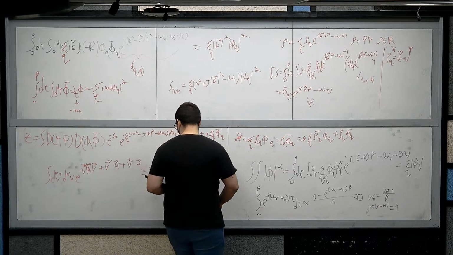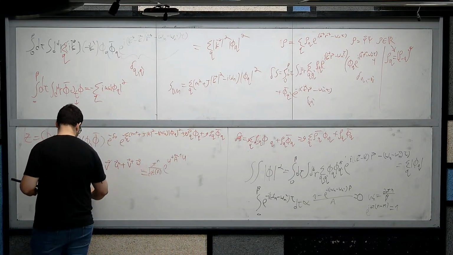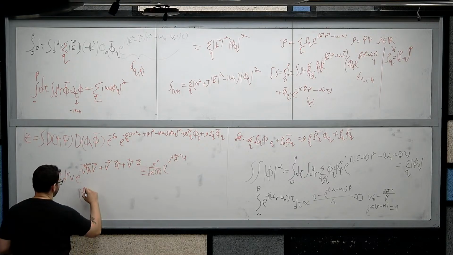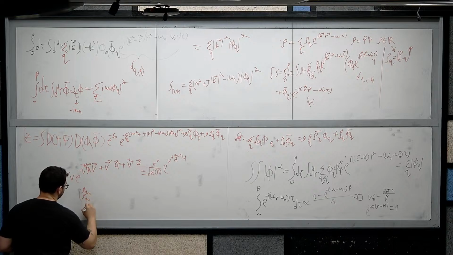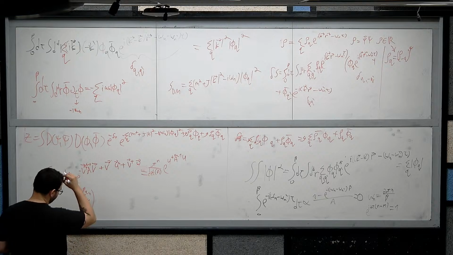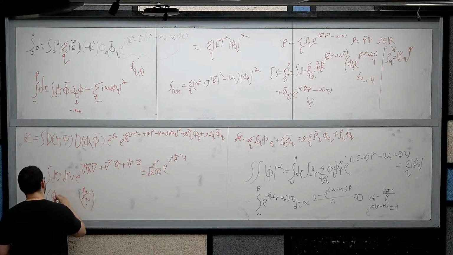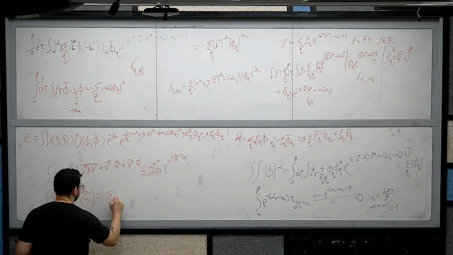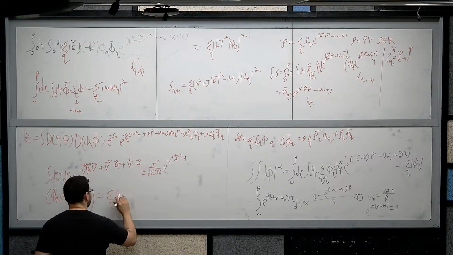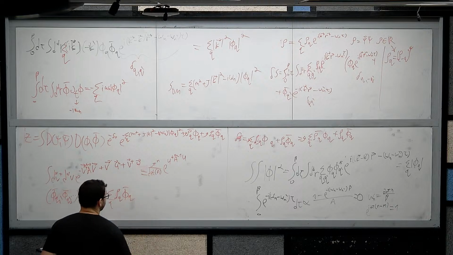For example, if we take the vector rho Q1, rho Q2, and then the vector, I think I wrote it the other way around, but it's fine, the vector psi Q1 conjugate, psi Q2 conjugate, and so on, we get the sum over Q of rho Q psi Q conjugate.